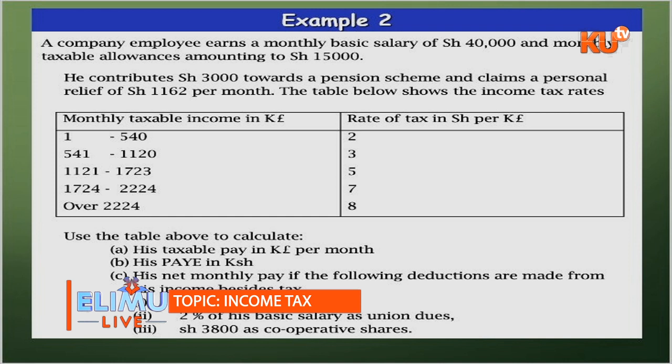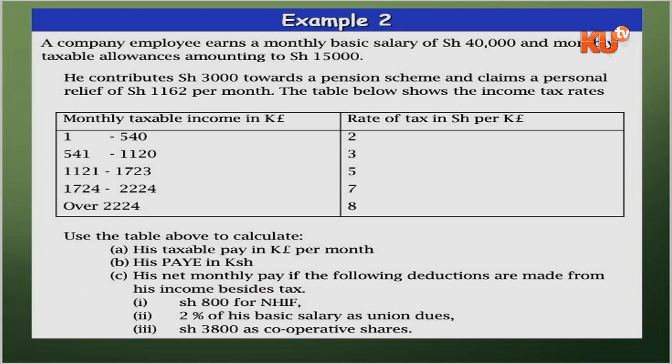So you can maybe paraphrase, you don't need to write everything. You can just state basic salary equals 40,000, allowances equals 15,000. He contributes 3,000 towards a pension scheme and claims a personal relief of 1162 per month.